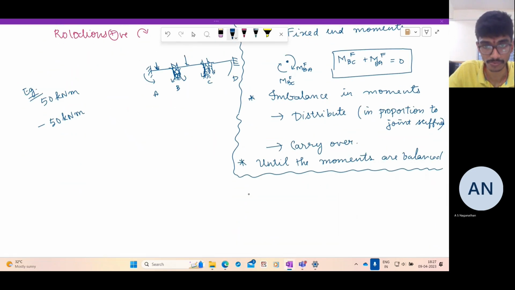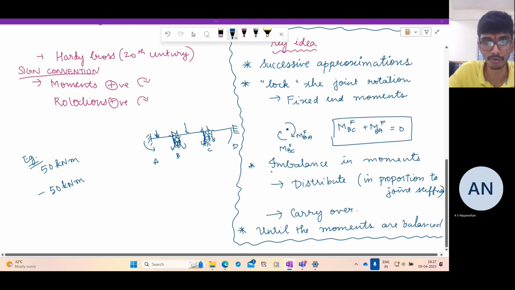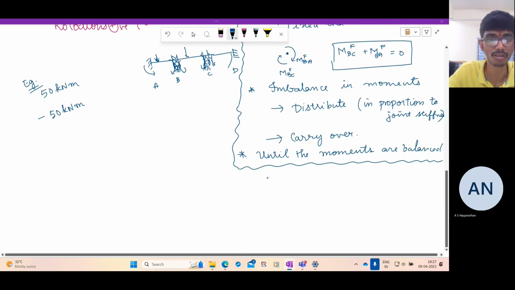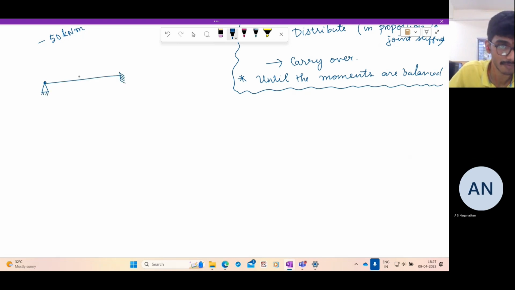So what we need to find out now is the joint stiffness. Suppose we had just one beam at a joint with the far end fixed, and we apply a moment M, it rotates by some angle, call this angle theta.